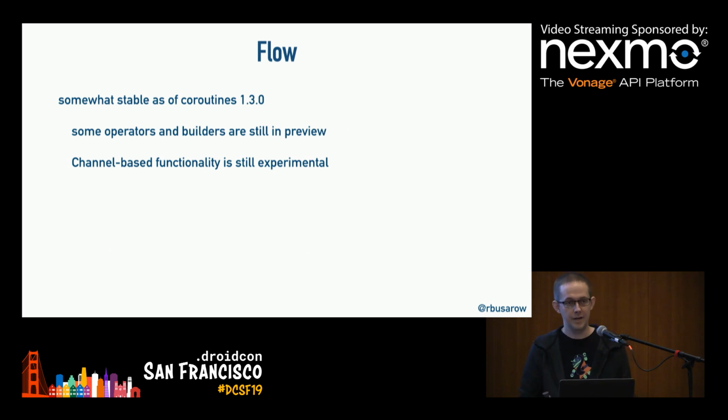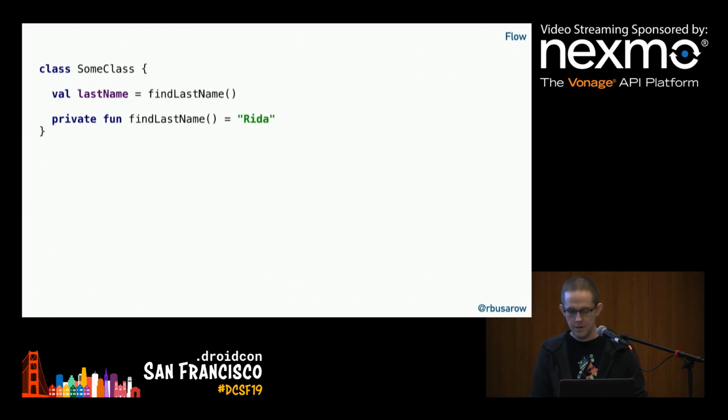So a flow is stable now, kind of, as of Kotlin 1.3.0, which was in August. There are still quite a few operators which are marked as flow preview or experimental coroutines API, but all of those are operators that are dealing with channels, because no one is happy with how channels are right now, and so we're not going to stabilize anything.